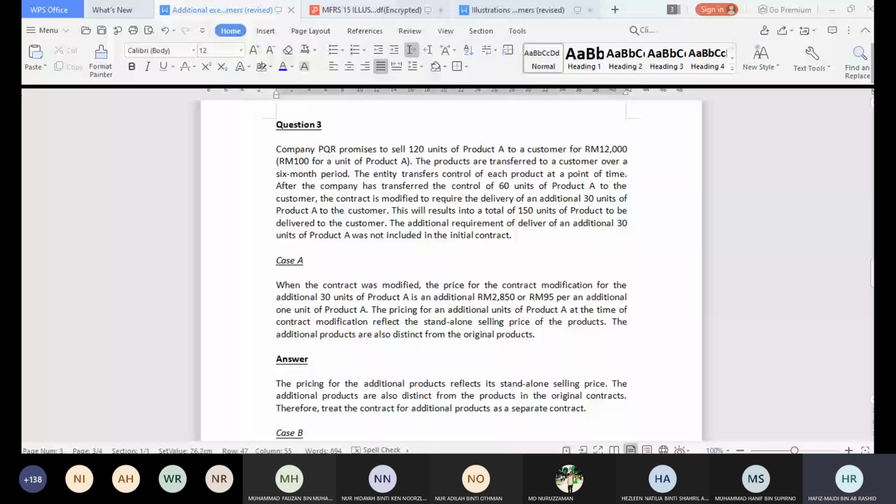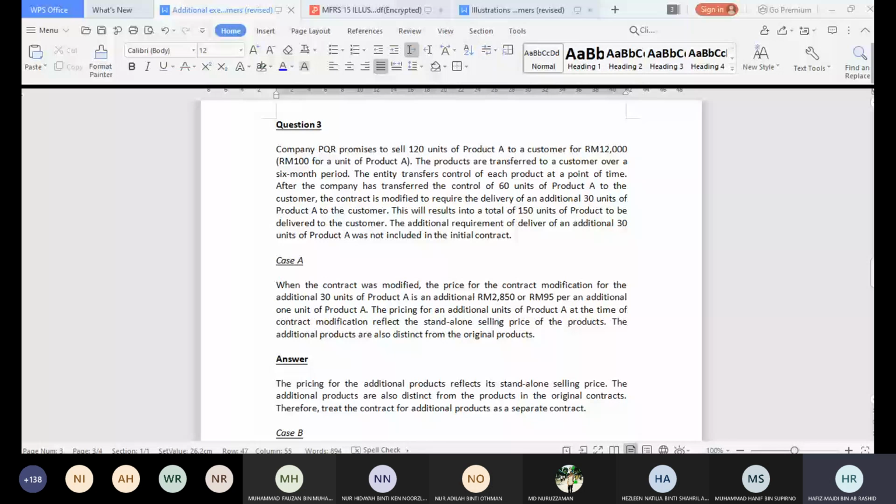After the company has transferred control of 60 units of product A to the customer, the contract is modified. After they have delivered 60 units, the contract is modified where there is an additional requirement to deliver an additional 30 units of product A to the customer.